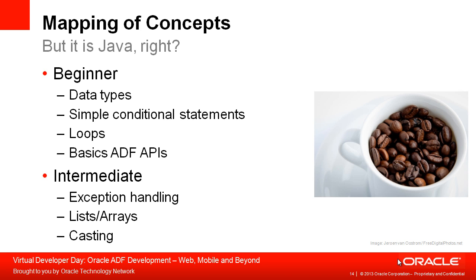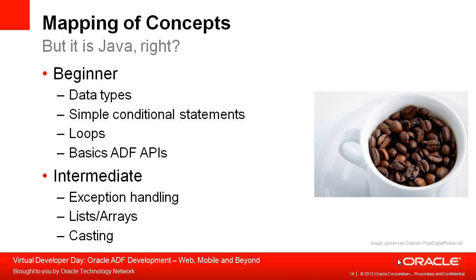So how do I get a connection to my database if I want to call a database PL/SQL routine, for example. At the more intermediate level, you'll probably want to understand how you write exception handlers. You might want to understand a little bit more about lists and arrays, and casting, which is the ability to force one type to another type if you have two different data types.